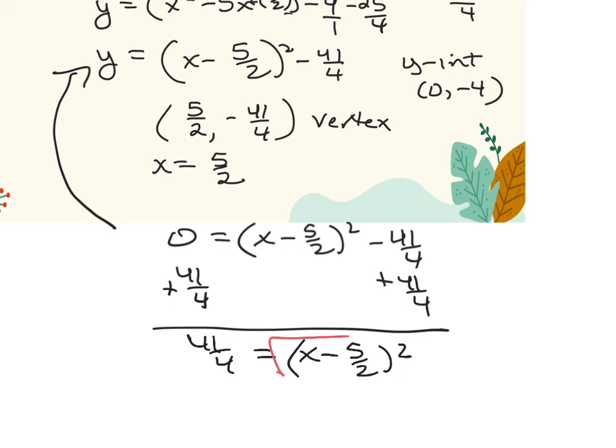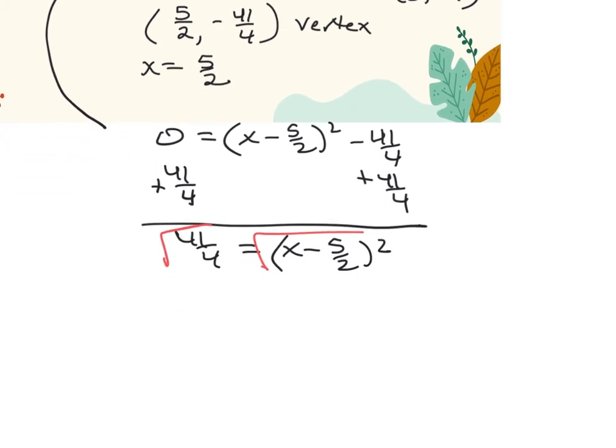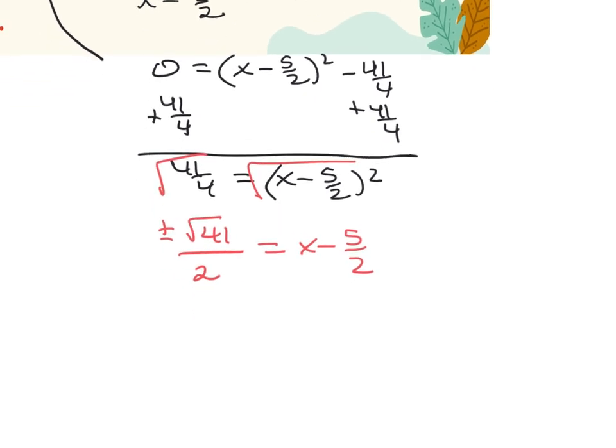Get rid of the squared by square rooting both sides. So this ends up giving me plus and minus the square root of 41 over 2, and then x minus 5 over 2. I now need to get x by itself, so I'll add 5 over 2.